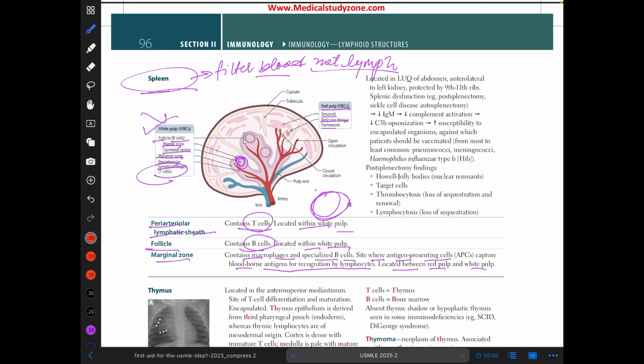When an antigen is attached, for example IgG, it will activate the complement system, and C3b will be attached to the microorganism and attract the macrophage. The macrophage will come and engulf all the microorganisms. Okay, this one is a process.